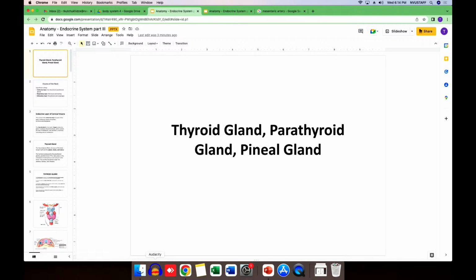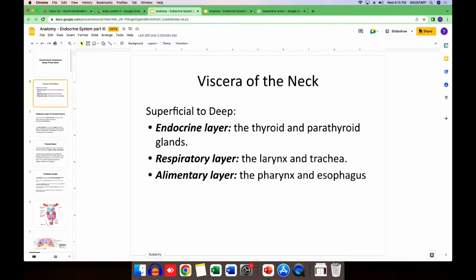So in our neck, we have two most important hormone-producing organs, called the thyroid gland and parathyroid gland. In the viscera of the neck, we have deep layers: an endocrine layer, a respiratory layer, and an alimentary layer, right?